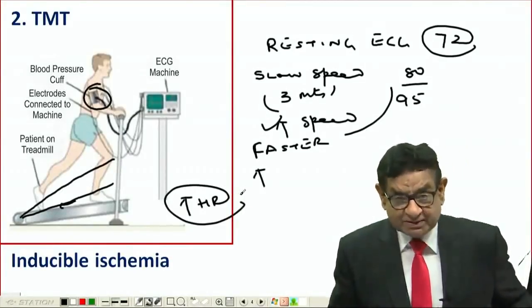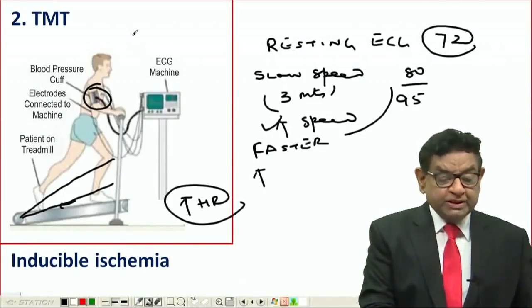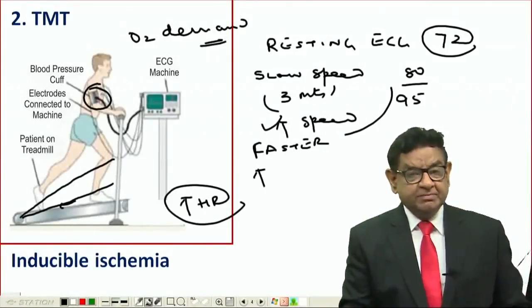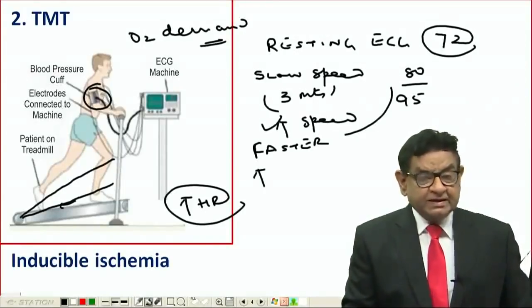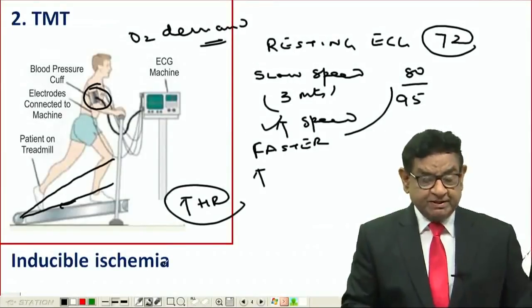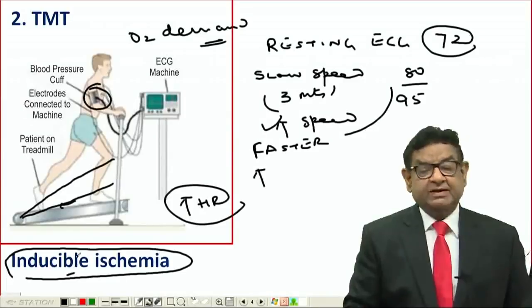Now we know the basic principle we discussed in lecture number 1: the more the heart rate, the more the oxygen demand. But as there is some obstruction, the demand is more but the supply cannot increase, and that will lead to ischemia. The word we use is inducible ischemia.